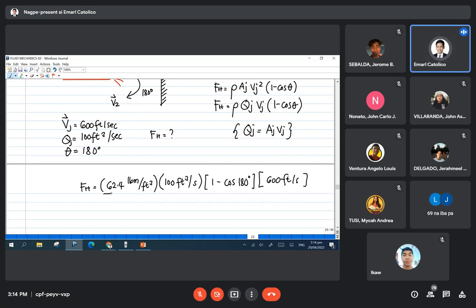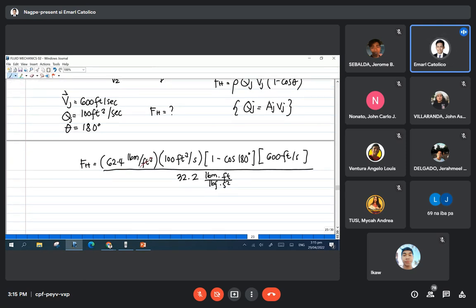Ngayon kasi ito isa-solve. Over, divide natin sa gc, 32.2 pound mass feet per pound force second squared. Okay, cancellation of units. So, cubic feet, pound mass, second squared cancel, then feet. Ang lalabas yan is pound force.